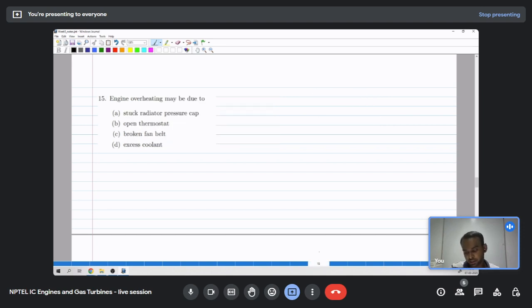Next question, engine overheating may be due to stuck radiator pressure cap, open thermostat, broken fan belt, excess coolant. Can someone answer this? The answer is broken fan belt.